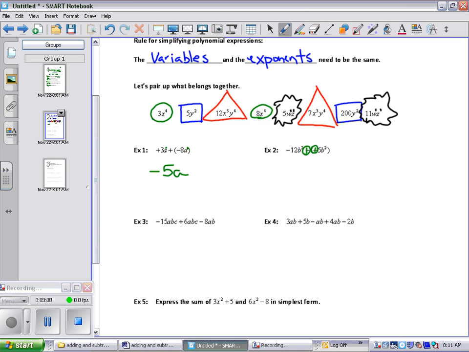So now I've got negative 12b squared plus 5b squared. So that gives me a negative 7b squared. If you wanted to, you could have said negative 12 in your calculator minus a negative 5b squared. You would have gotten the same answer.